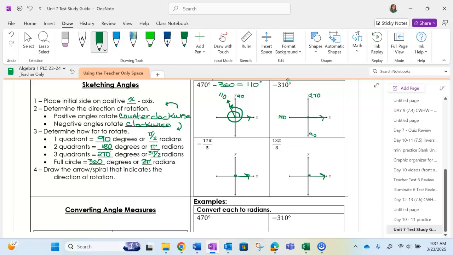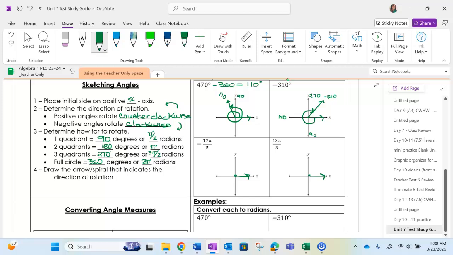I know 310 is bigger than 270, so I'm going to draw it somewhere here. This is negative 310. I don't go all the way around once because this is not bigger than 360.